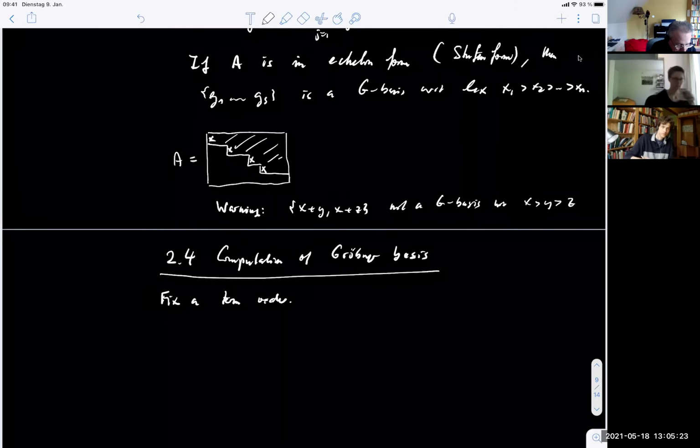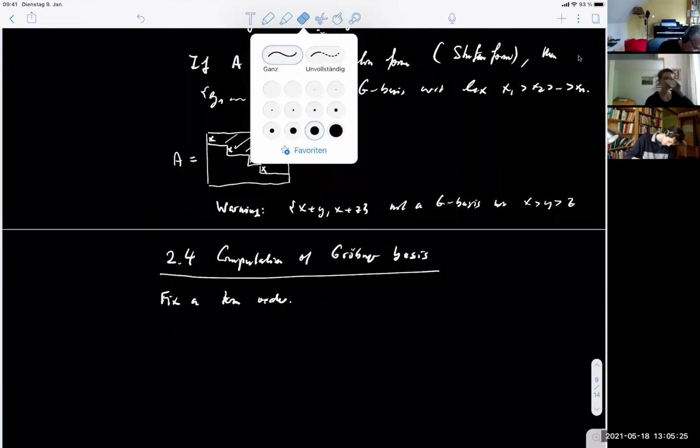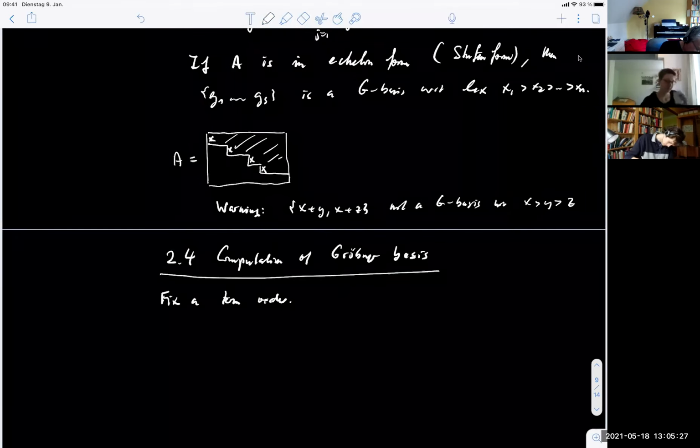Okay, I fix a term order. I'm given a collection of polynomials. They generate an ideal, and I want to compute the Gröbner basis.